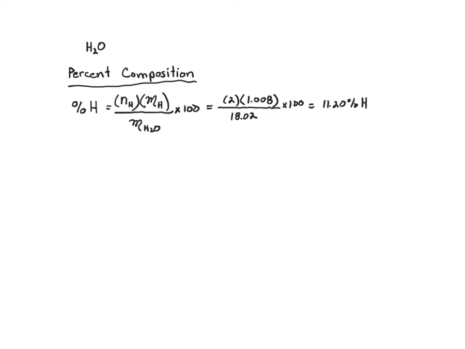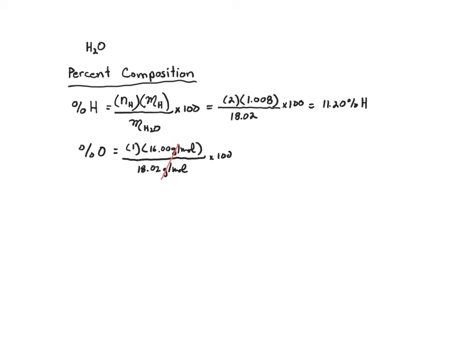And we can do the same thing with oxygen. So percent oxygen is going to be equal to the number of atoms of oxygen present, which is 1, times the molar mass of oxygen, which was 16.00 grams per mole. This time I'll leave the units in so you can see how they cancel out. Divided by the molar mass, which again is 18.02 grams per mole, times 100.